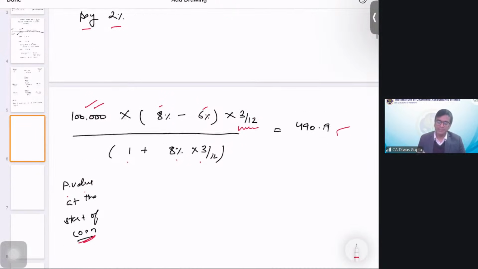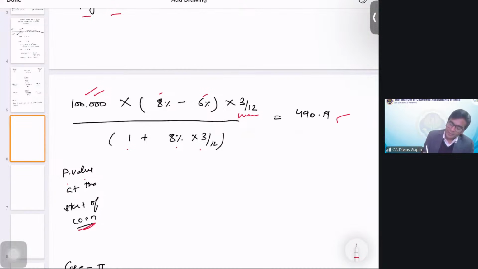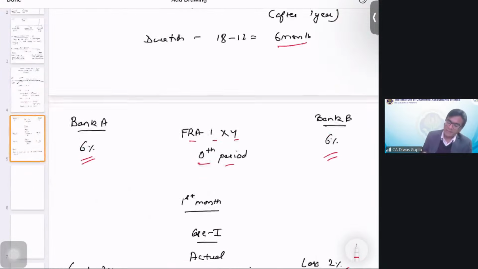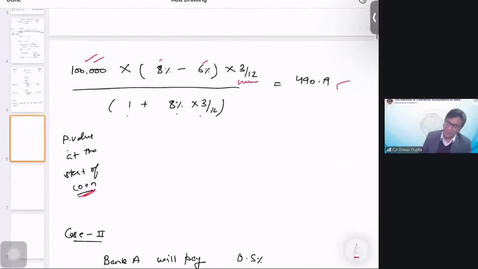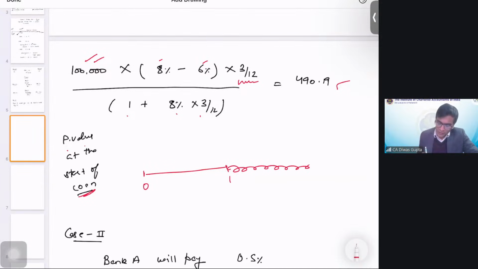Okay. So if I say what is the gain in the overall duration, let me put it here. So we have 0 and 1 month. Then after 1 month we have a duration of 3 months. So that means in the fourth month the loan will end.